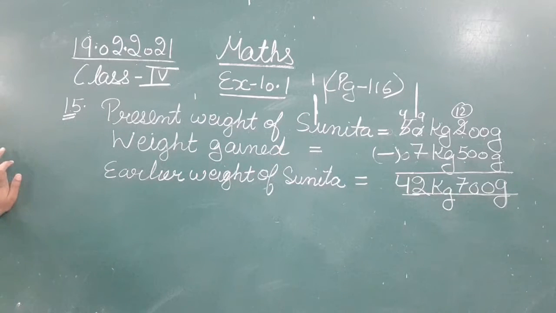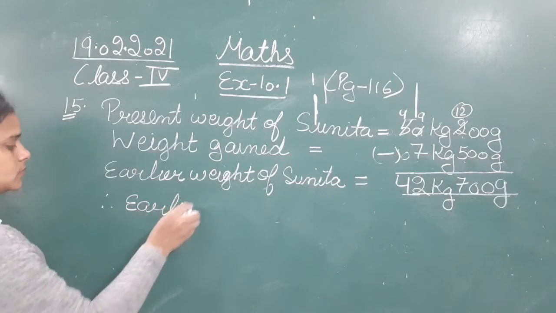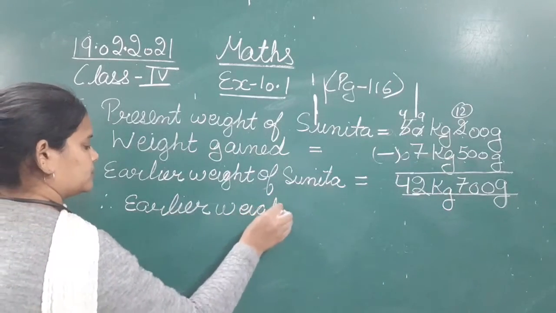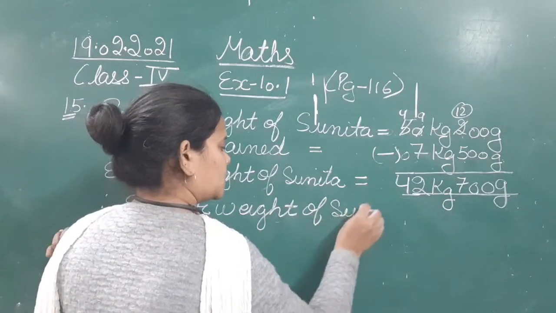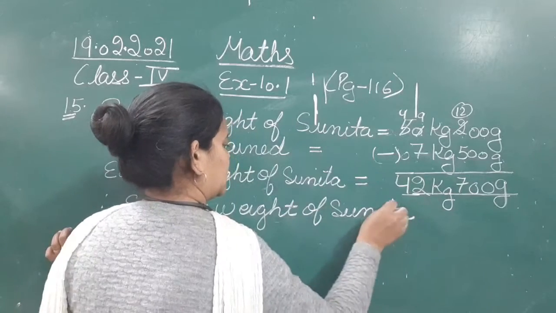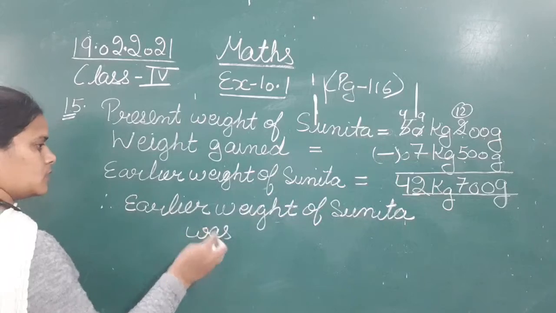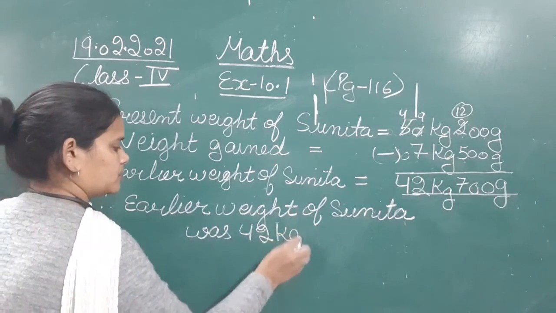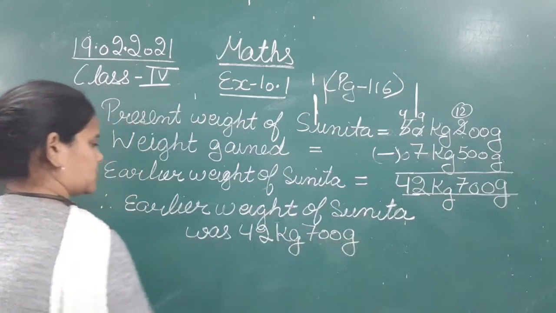So this is what we will write in the solution sentence. Therefore earlier weight of Sunita was 42 kg 700 grams.